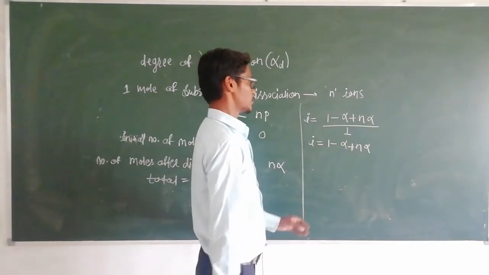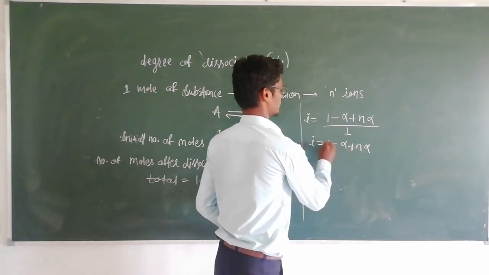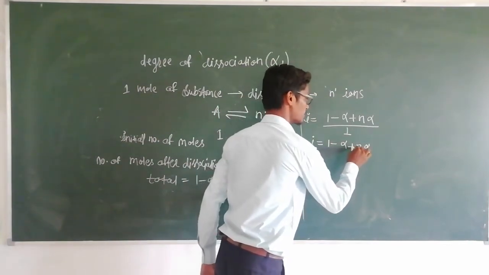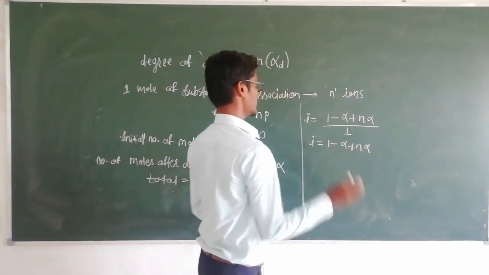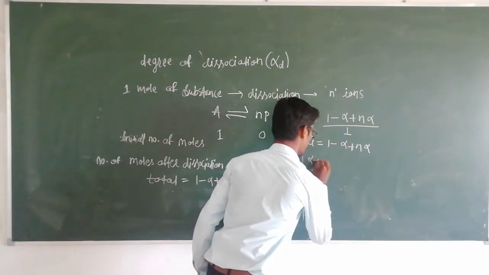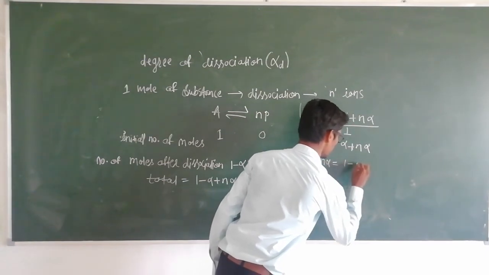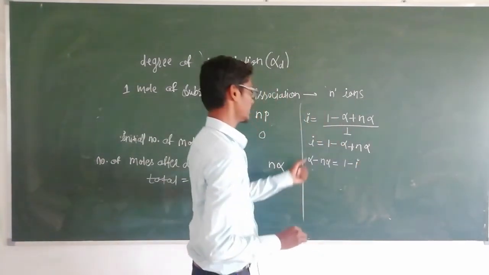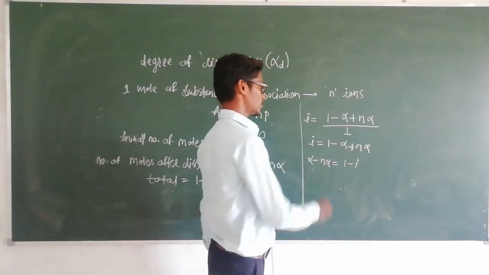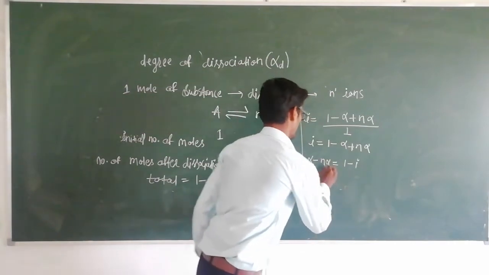So the LHS value is transferred into the RHS, and alpha plus n alpha gets transferred into the LHS. So we have alpha minus n alpha is equal to 1 minus i. This i gets transferred into the right hand side, so it becomes negative.